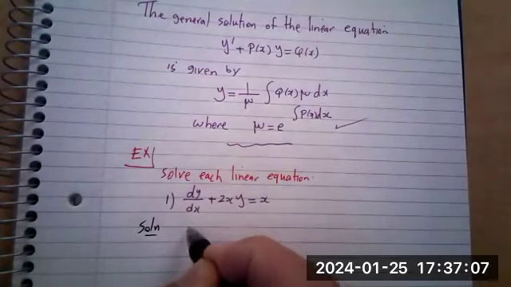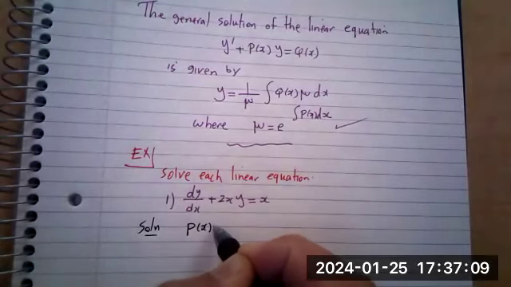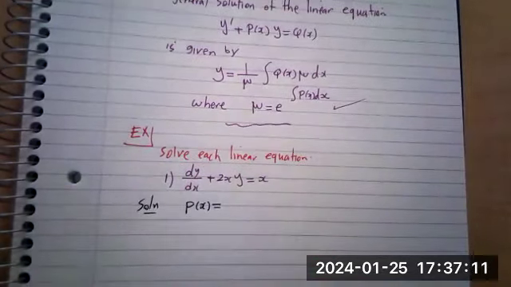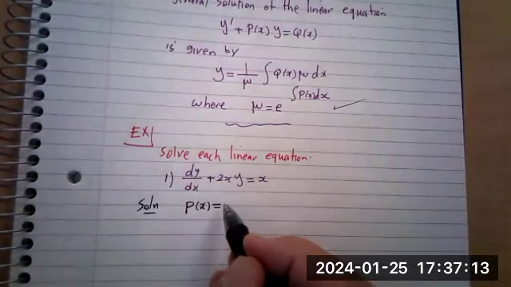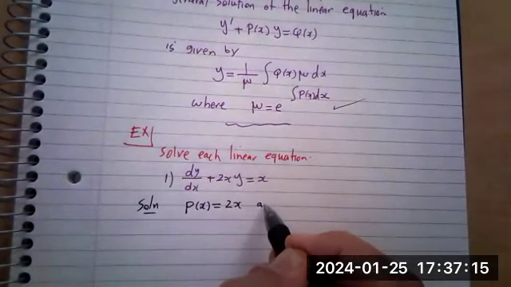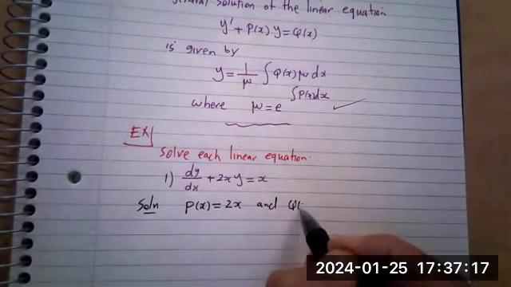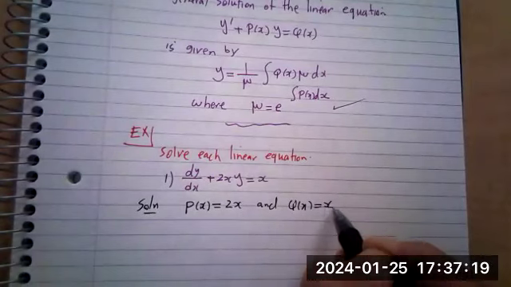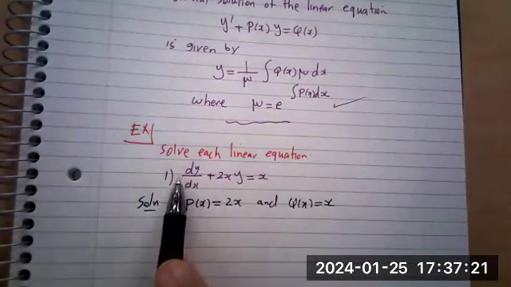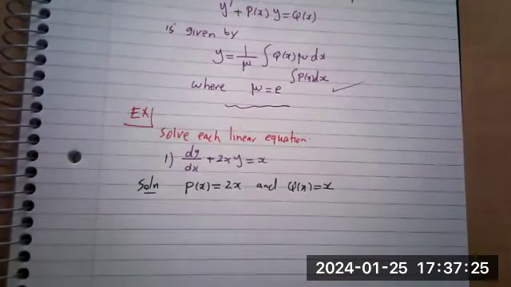Solution. What's the p(x)? 2x, and the q(x), x. That's step 1. Remember, if there is something here, you have to divide first, then identify the p(x) and the q(x).